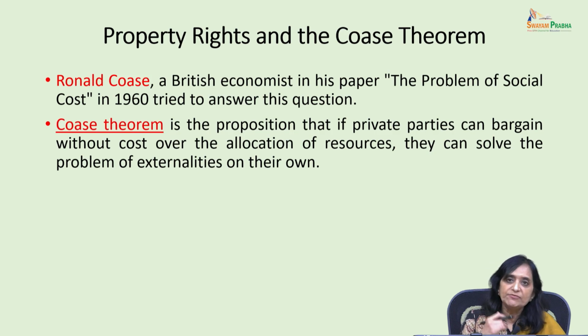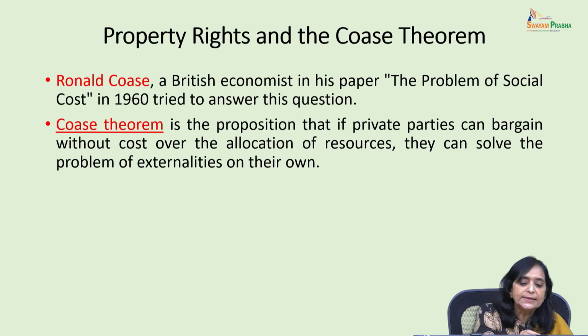That is, in the previous example, there is an industry because of which pollution is taking place. There is a victim of this pollution. Coase says that if this victim and polluter can bargain with each other about who should take care of this pollution without any external intervention, the problem of the externality can be solved. However, a very important criterion here is that this bargaining should be without cost.